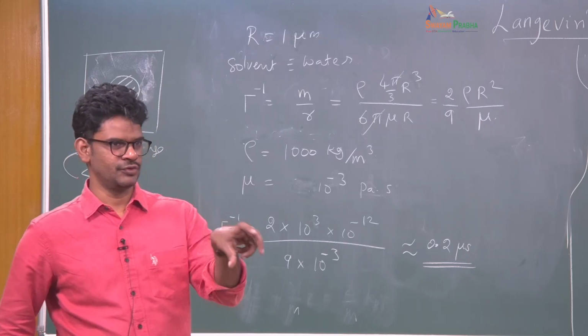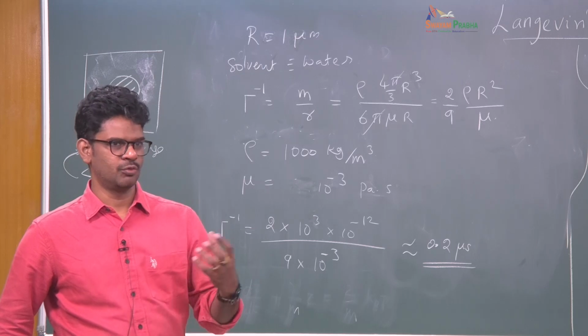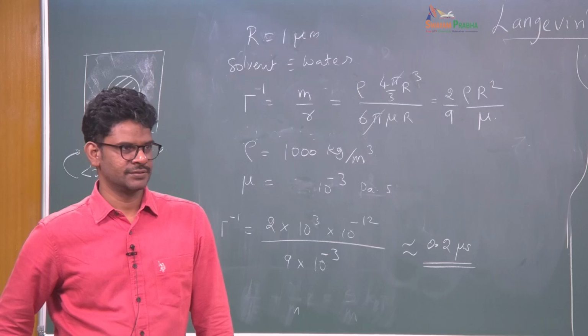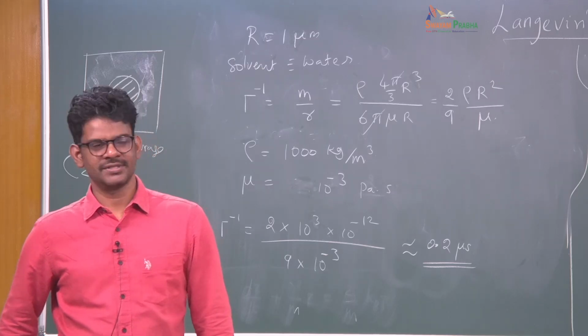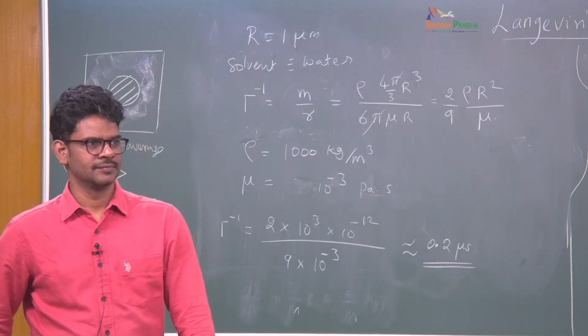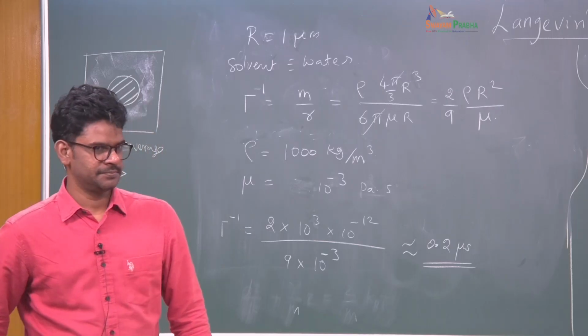The particle is diffusing out, right? And you want to know how much time it will take for a particle to move by its own length on average. How do you calculate this time scale? In other words, I am asking the diffusion time scale.